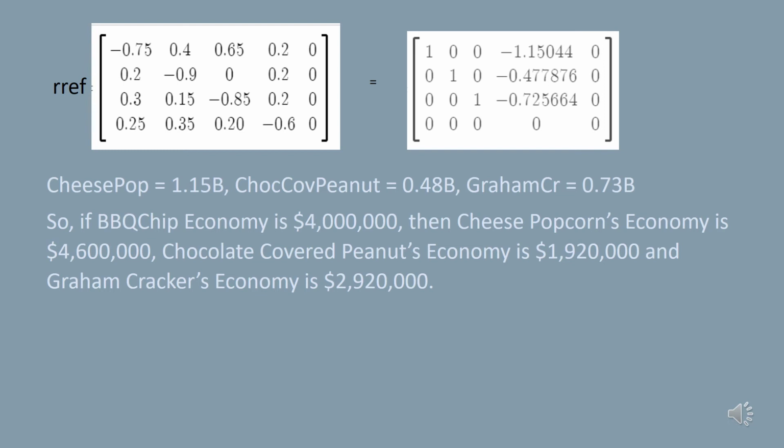And the graham cracker economy would be 2,920,000 because 0.73 times 4 million is 2,920,000. So in this economy, the way we set up the system, 3 of the variables got written in terms of the fourth. And so then if you knew an amount for the fourth, you could find the amounts of the others.